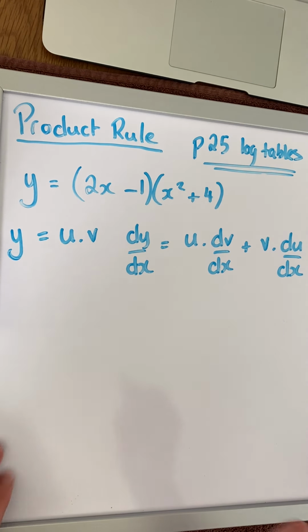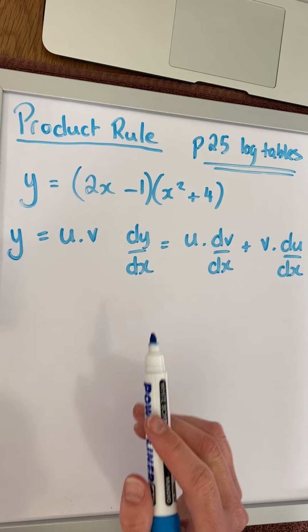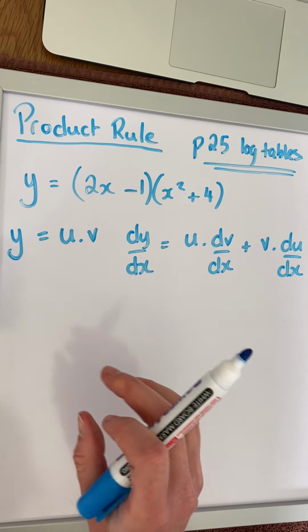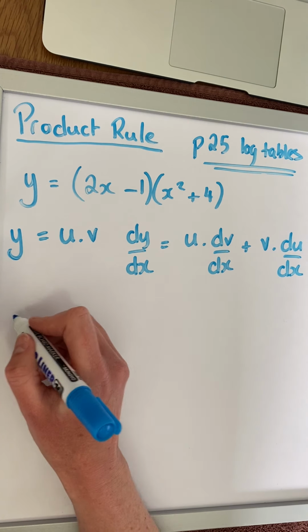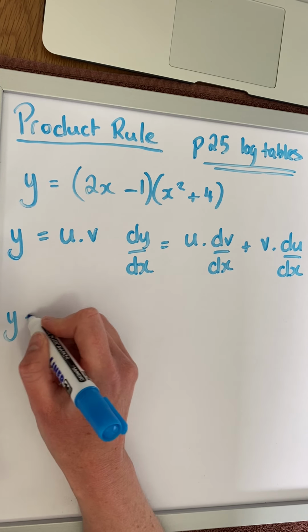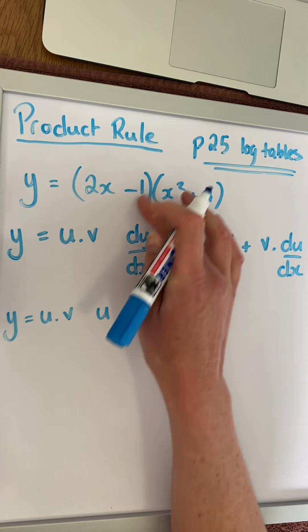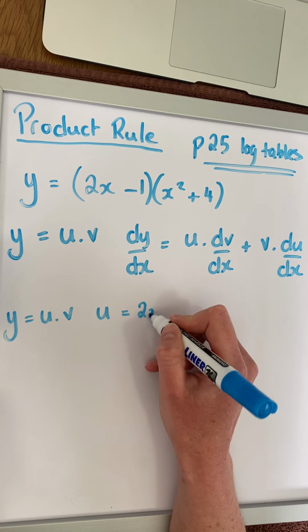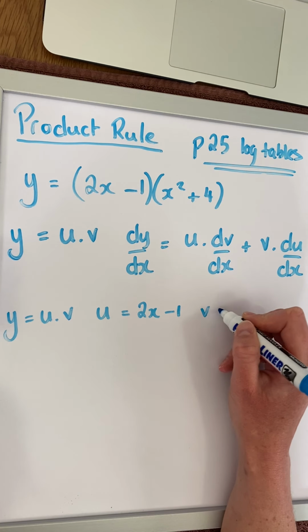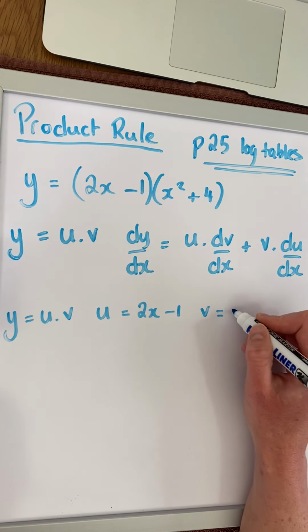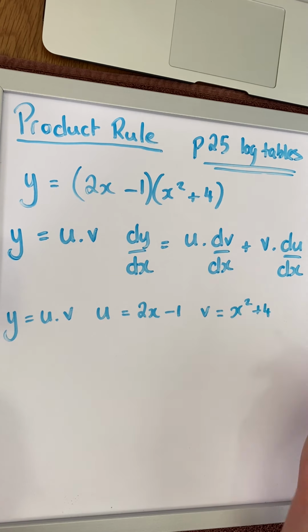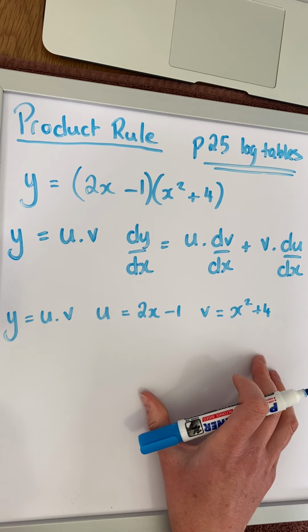So the first thing we need to do when we come across a function like this is to separate it into its parts. So we have y is equal to u times v, where u is equal to the first bracket, 2x minus 1, and v is equal to the second bracket, x squared plus 4. So we separate the function first.